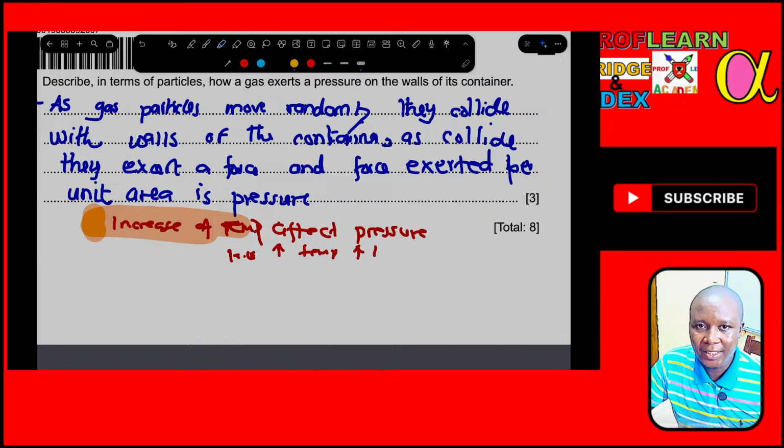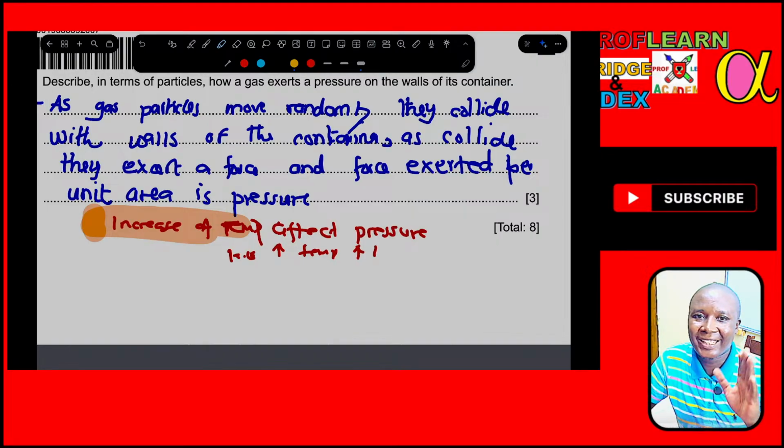The force exerted per unit area is pressure. So the moment you are asked a question like this, remember that molecules move randomly, they collide with the walls of the container, and when they collide, they exert a force, and the force exerted per unit area is pressure.